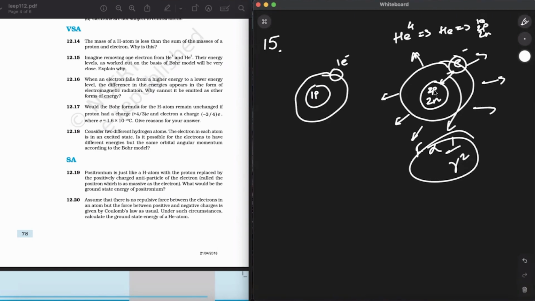When this happens, it weakens the electrostatic pull that the nucleus puts on the electron. But in this case, as you can see, the nucleus has a charge of plus 2q, and there would have been two electrons. These electrons would have repelled each other and kept a certain distance from each other.